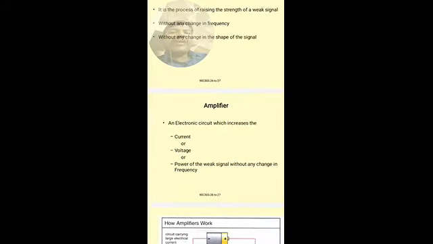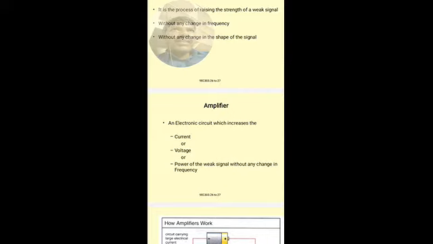Accordingly, the amplifiers are classified into different types. If it raises the amplitude of the current, then it is called a current amplifier. If it increases the magnitude of the voltage of the weak signal, then it is called a voltage amplifier.